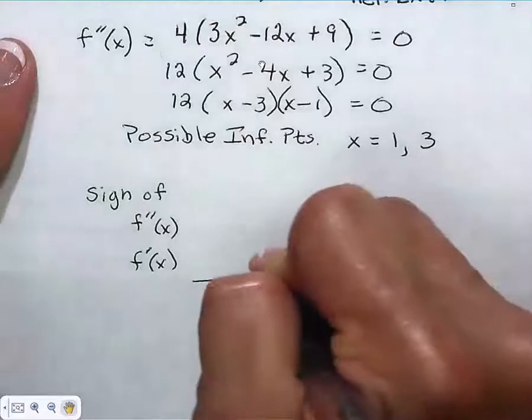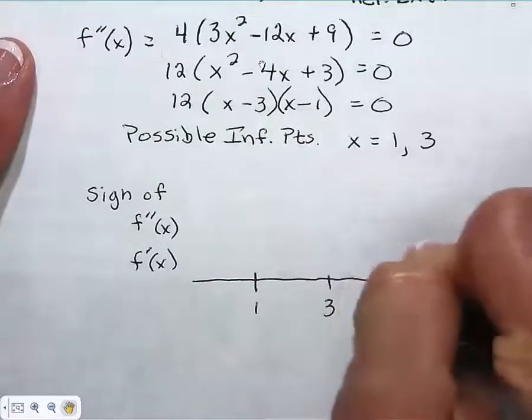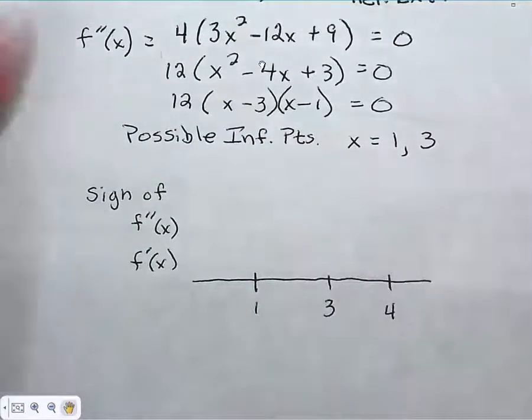So I'm going to put 1, 3, and 4 all on that number line. If you want to make 2 separate number lines, that's absolutely okay. What's your favorite number to the left of 1? 0. Let's find the signs of the first derivative first.